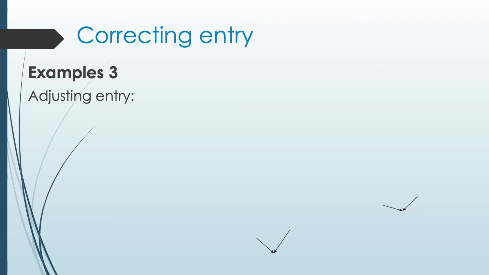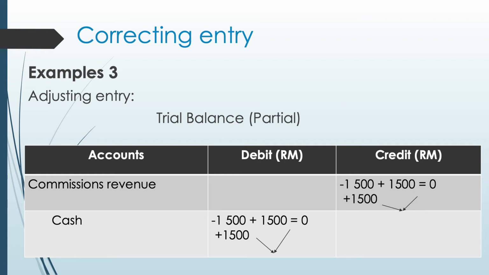Adjusting entry, trial balance partial. Commission revenue: we wrongly debit, which means credit with a minus sign. To make the amount become zero, we have to credit 1,500. Then we record the correct amount. We credit another 1,500. Therefore, we credited a total amount of 3,000 ringgit.